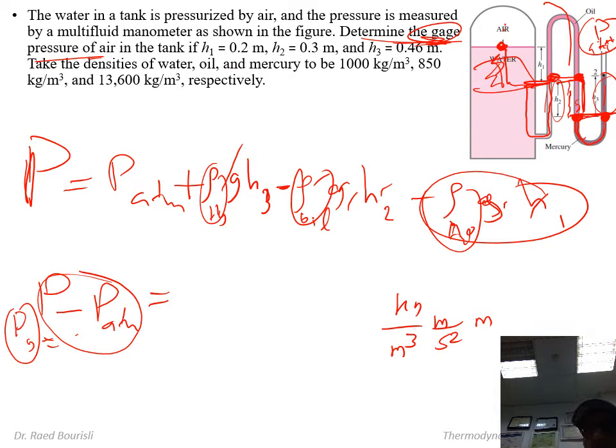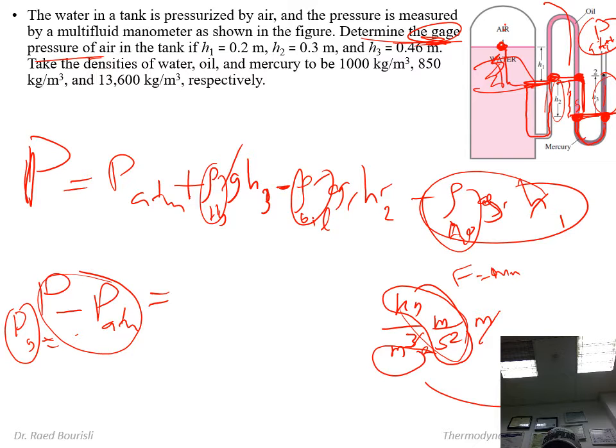Well, Newton is just the unit of force, mass times acceleration, so kilogram meter per second squared. So this is the force, ma, and you're left with Newton divided by meter squared.